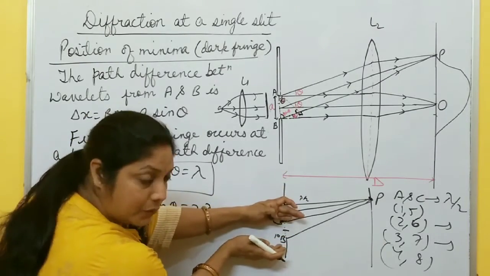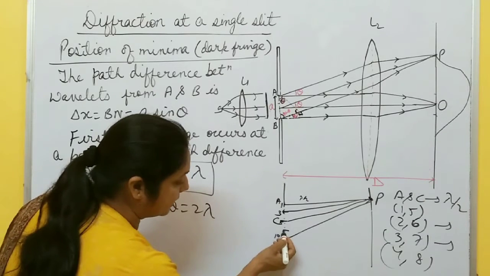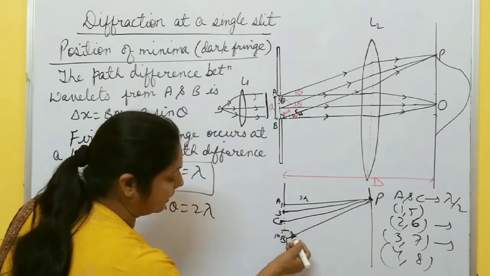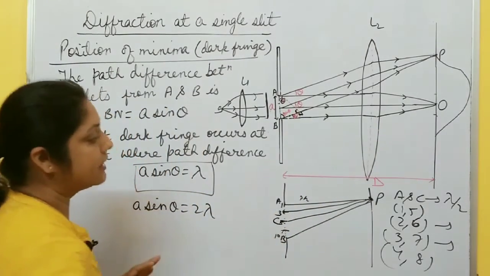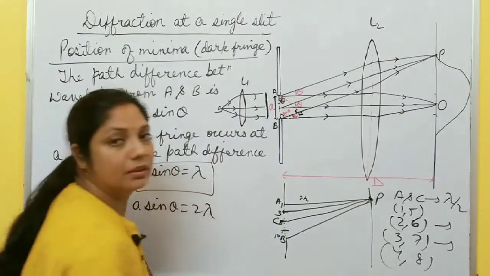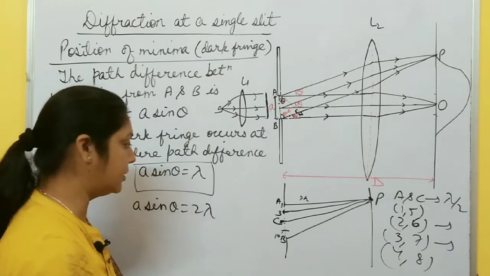Again in the second 2 parts, 5th and 7th, 6th and 8th also cancel each other, and hence the net intensity at point P is minimum or 0.